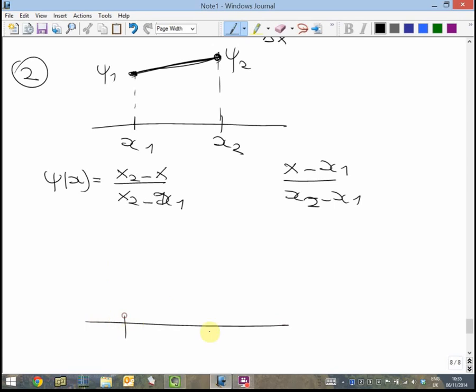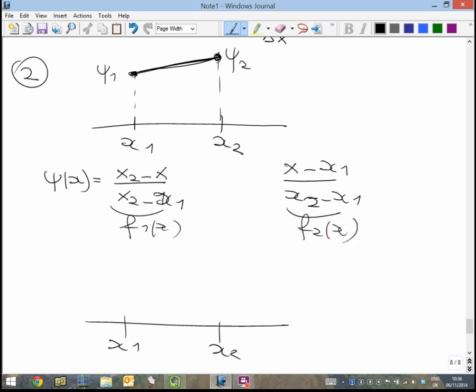So again, I have here my x1 and my x2. Let's call this the basis function f1 of x, and let's call this f2 of x.